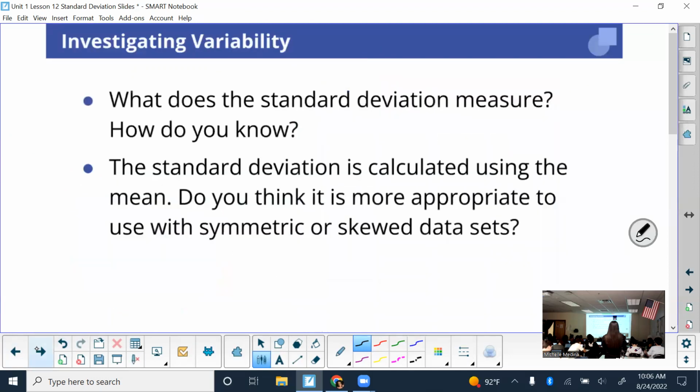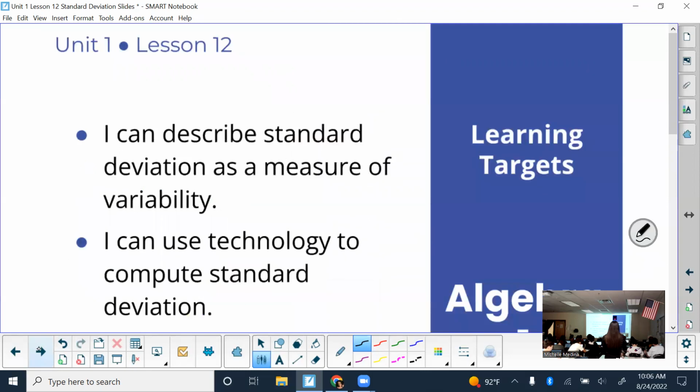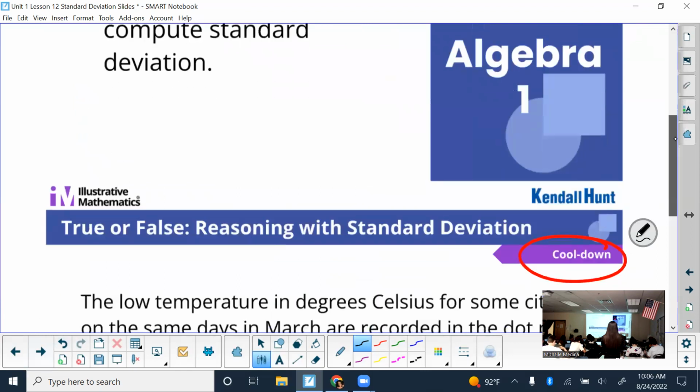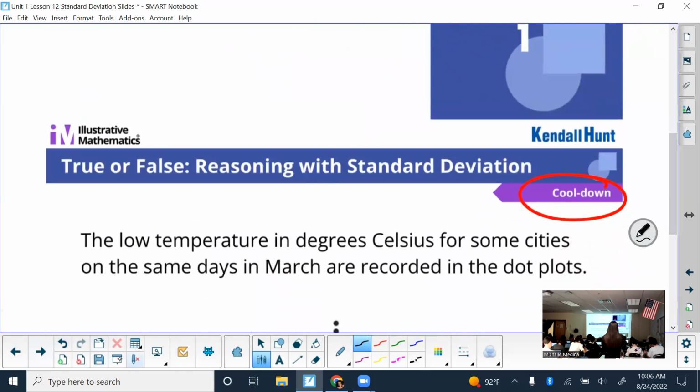And now let's do the cool down. So the cool down is always on a separate paper. I gave it to you Monday, pretty sure. That's what my other class told me. So unless you weren't here Monday, then you should hopefully have it in your binder. We didn't use it for lesson 11, but we are for lesson 12.